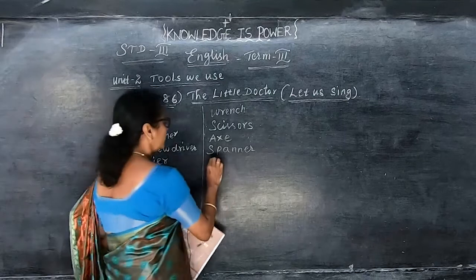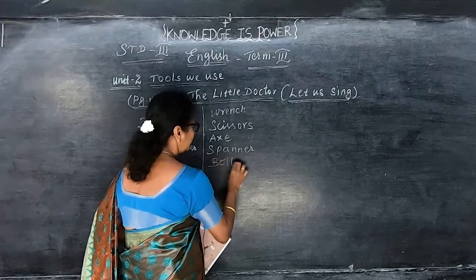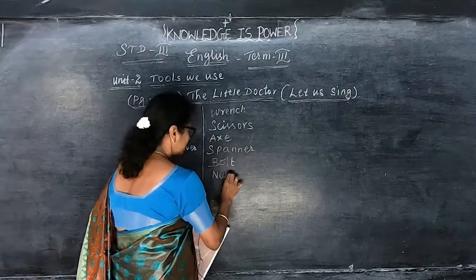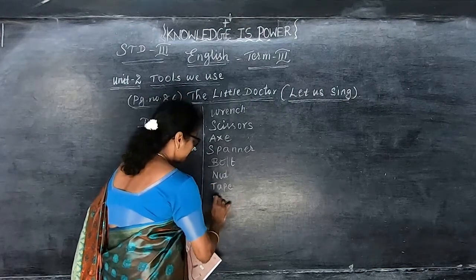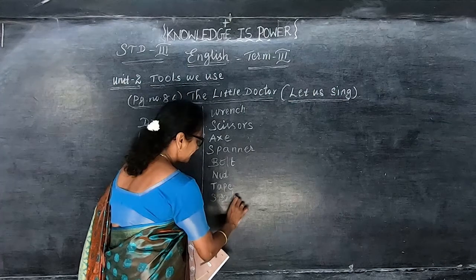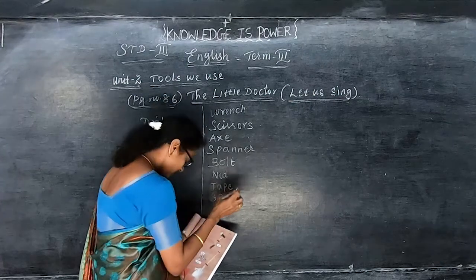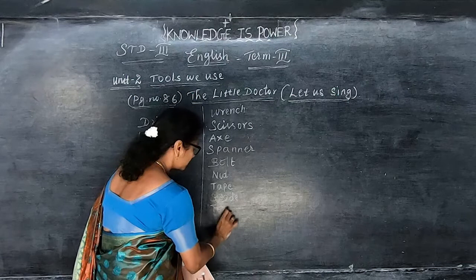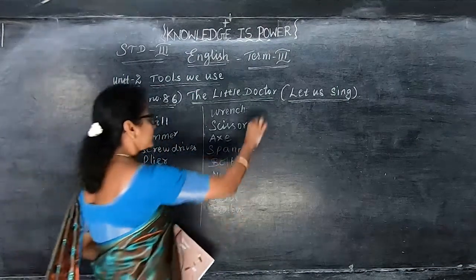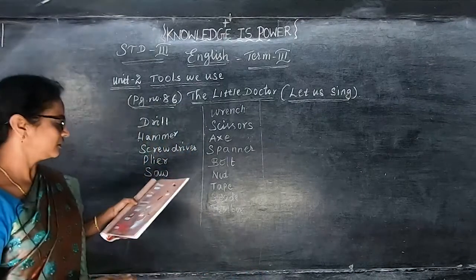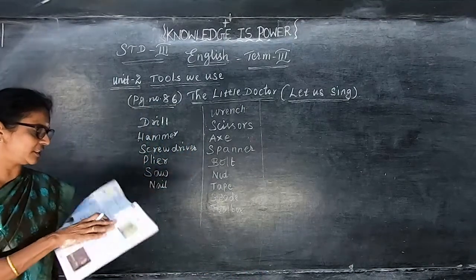Then bolt and nut, and then tape, spade, and then toolbox. Okay, so these are the tools that we see in day-to-day life.